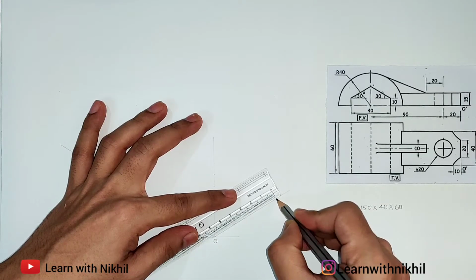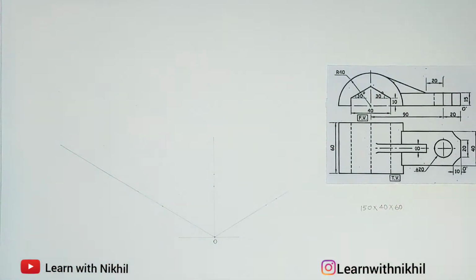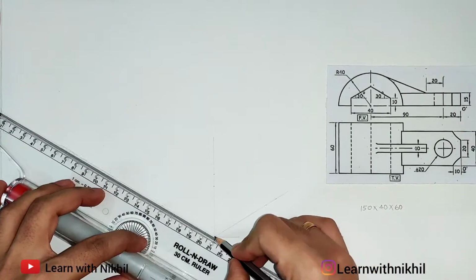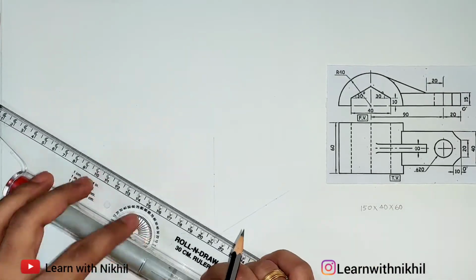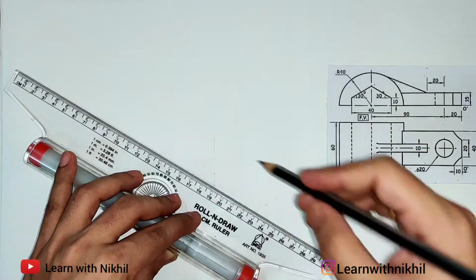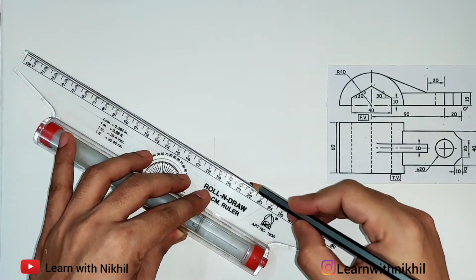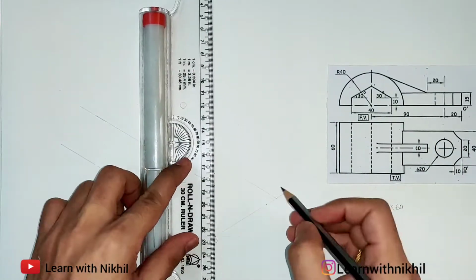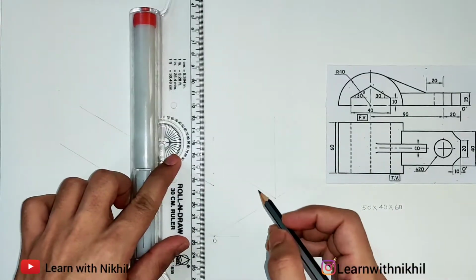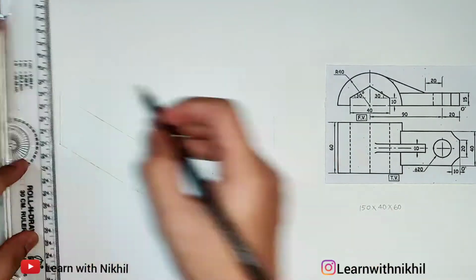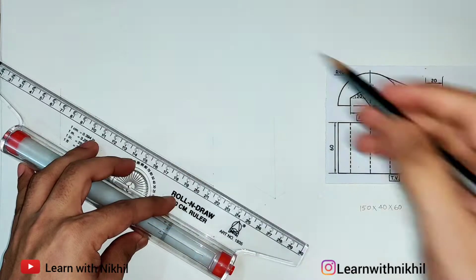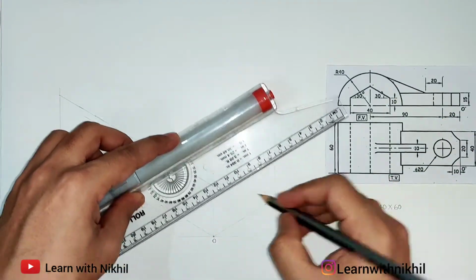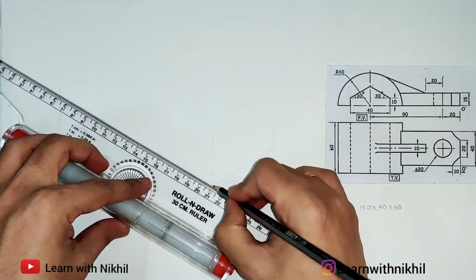Now after marking these dimensions, we will draw the rectangular box. For drawing the rectangular box, just you have to draw the parallel line through these points. So those three 90 degree, 30 degree and 30 degree, from those lines, keeping those as reference lines, you have to draw the parallel lines and you have to draw this rectangular box.